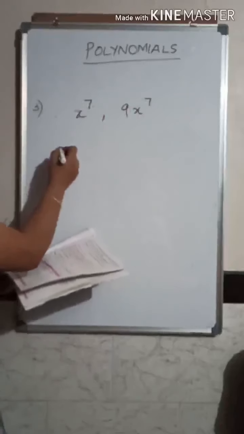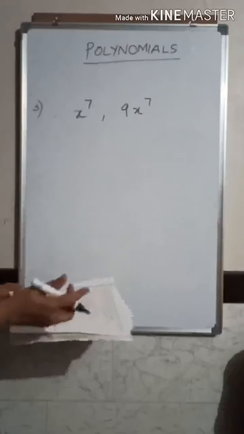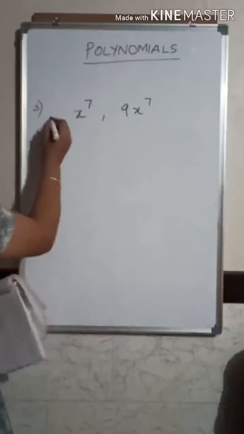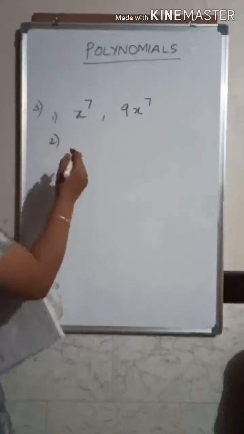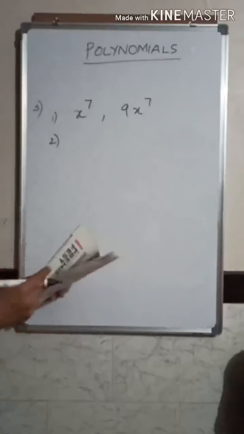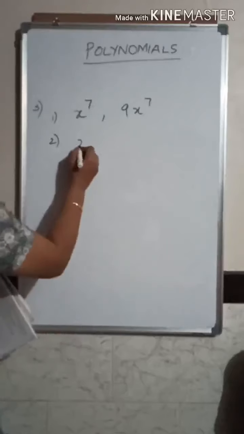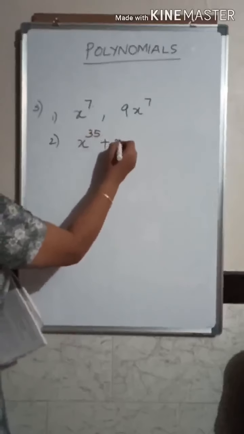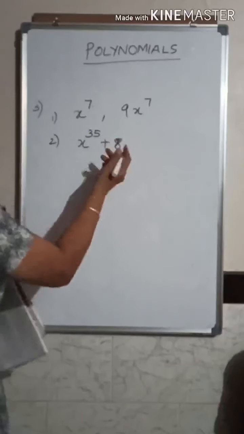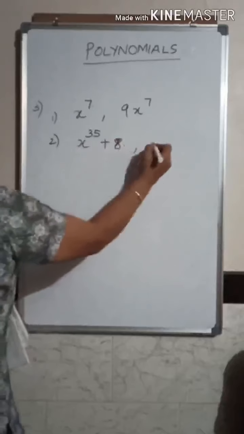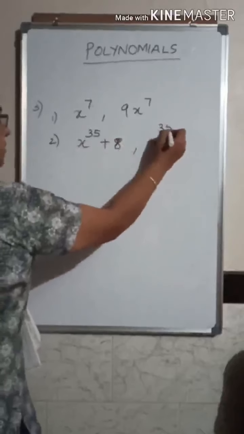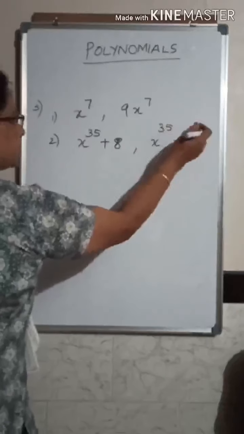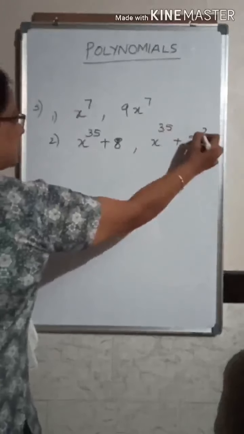Now the second problem they have given is a binomial with the degree 35. Binomial means you should have two terms, and the degree of that binomial should be 35. So you write x to the power of 35 plus, you can either just write any constant, or you can write x to the power of 35 plus 2x to the power of 27.